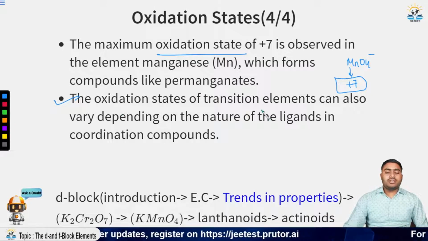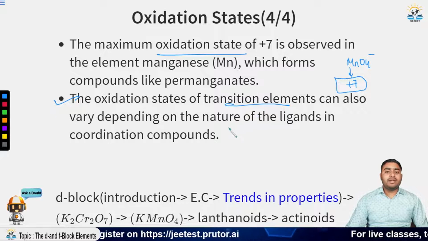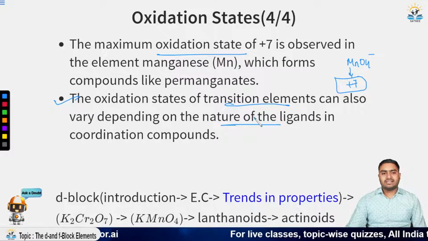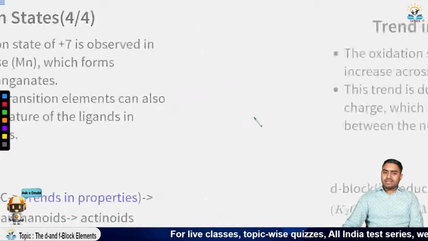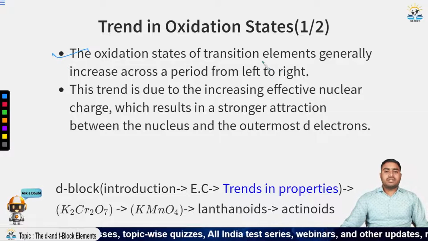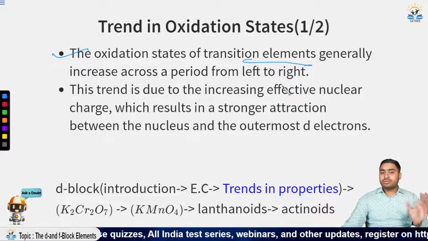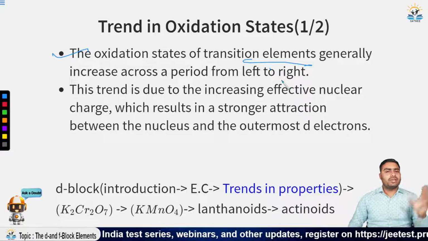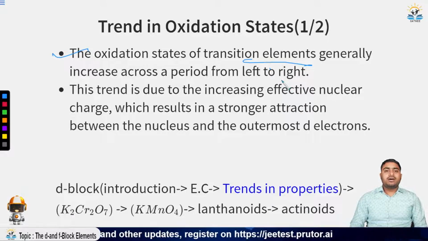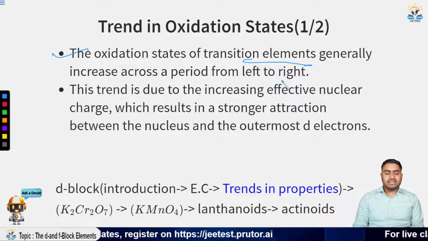The oxidation state of transition elements can also vary depending on the nature of the ligands in coordination compounds, that is, what type of ligands are attached, strong field ligand or weak field ligand. The next point: the oxidation state of transition elements generally increases across a period from left to right.